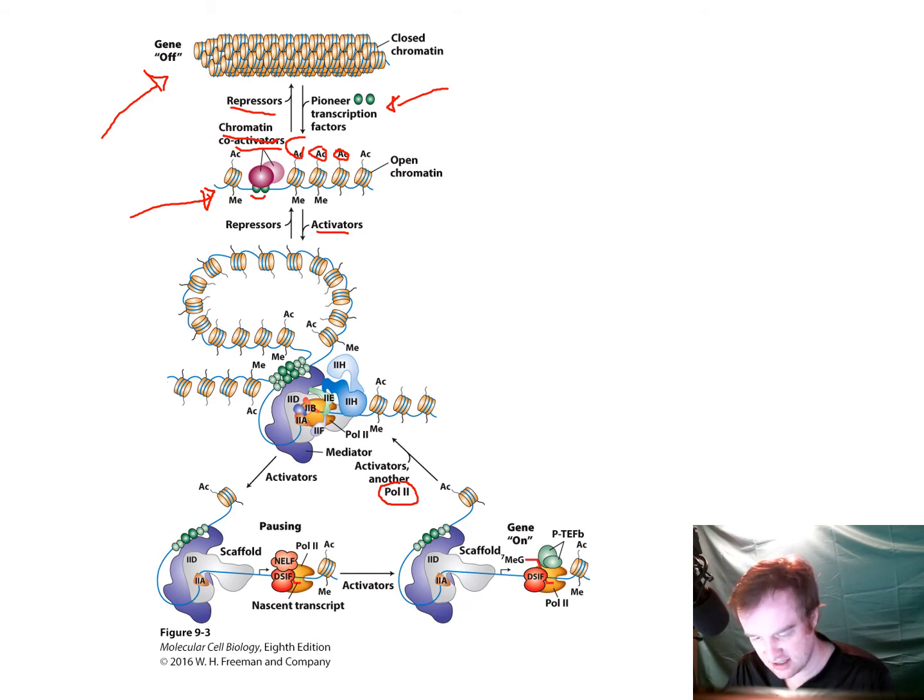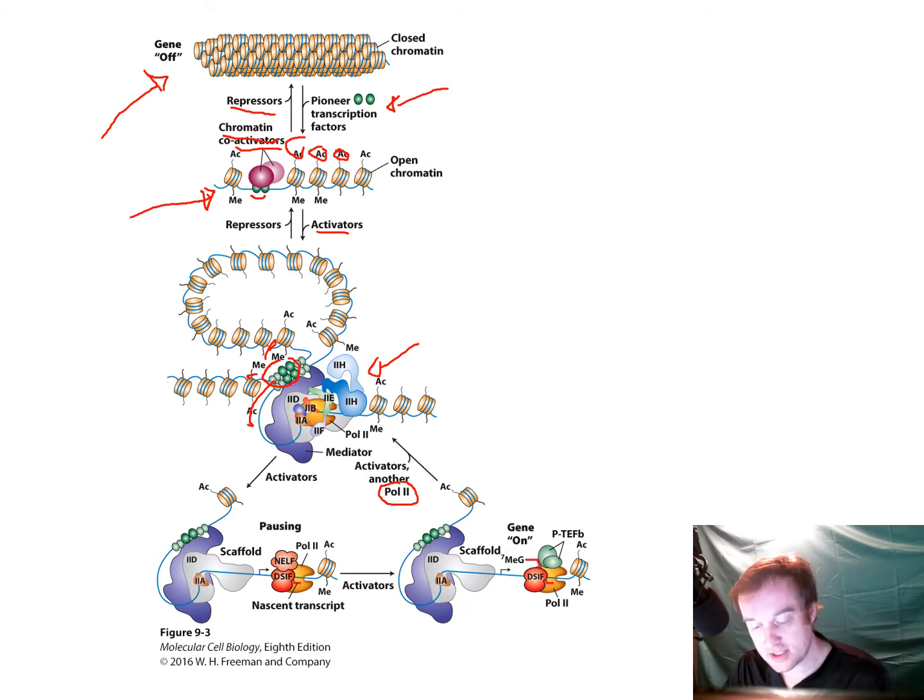So you can see here they are bound to something right by where the gene is going to be transcribed, as well as areas that are distant. They interact with one another and with that multi-subunit mediator complex, which is this whole big globular thing here. And they work to assemble general transcription factors and RNA polymerase into the correct position.